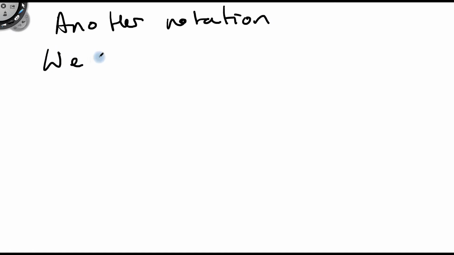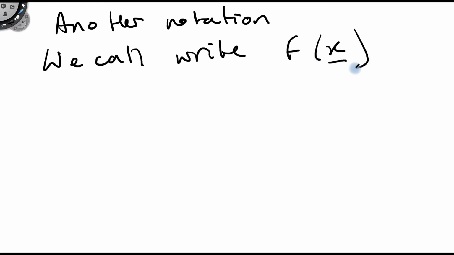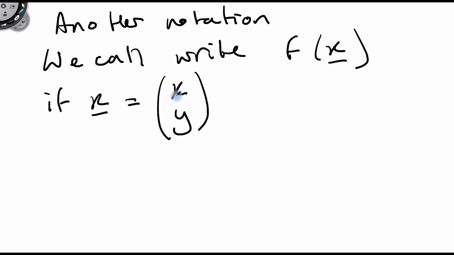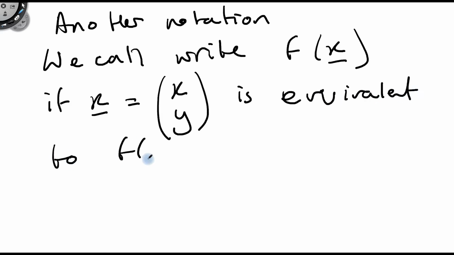Another bit of notation: we can write f, a function of a vector x, which is just a vector with scalar components x and y, and that's equivalent to writing f of x and y.